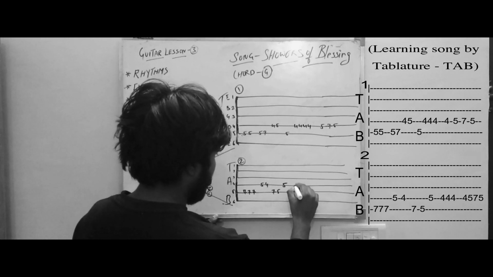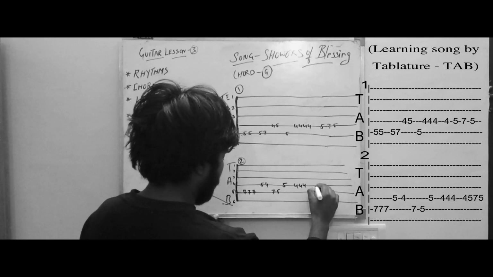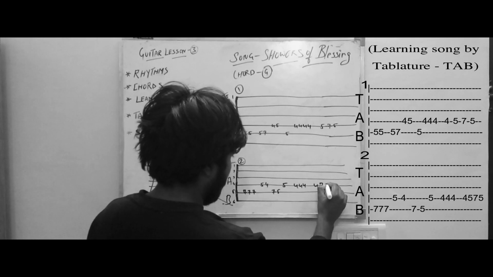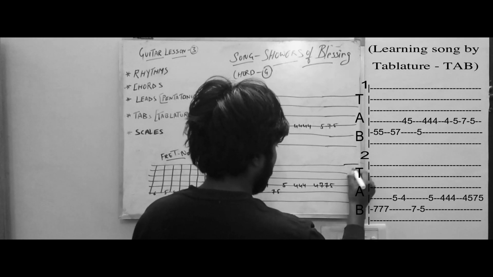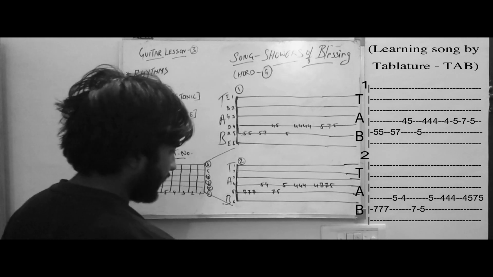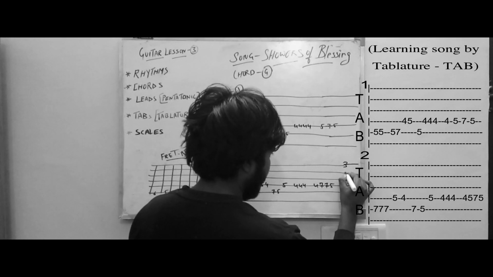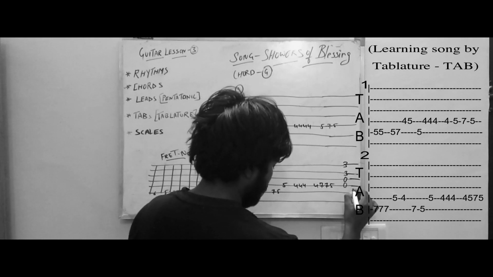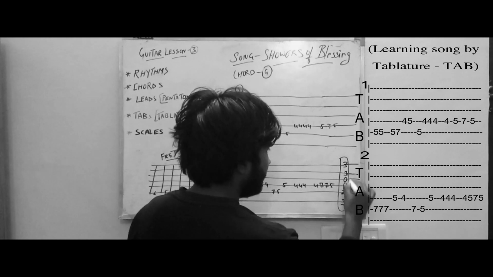Then 4, 4, 4, 4, 7, 7, 5, and then because we have a lack of space, I'll write here the last one: 3, 3, 0, 0, 2, 3. Now what is this?